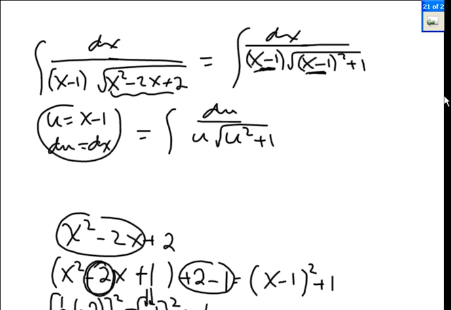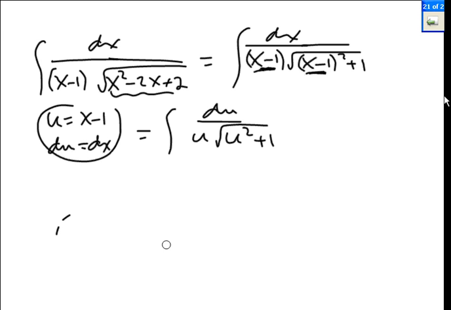Okay. So you have that integral. Now, in this problem, we can use trig substitution like we did in the last section. Or we could remember those integral forms.